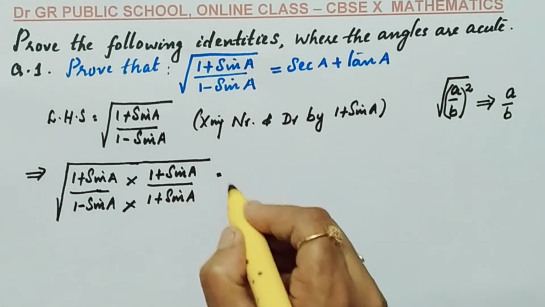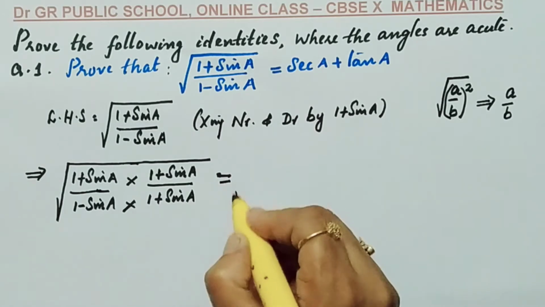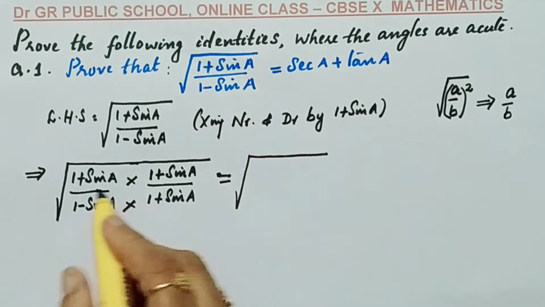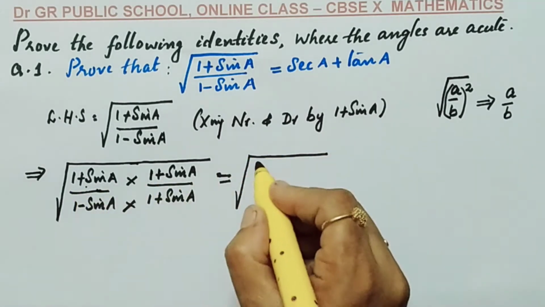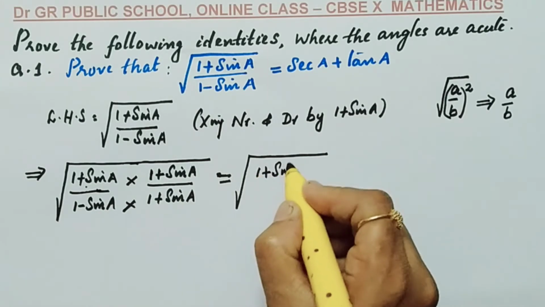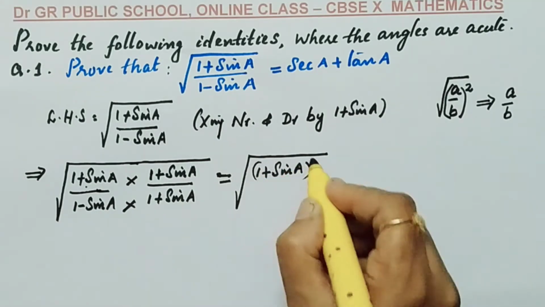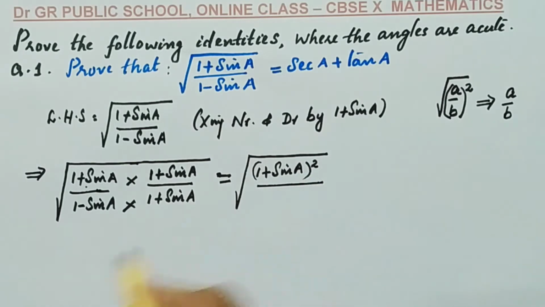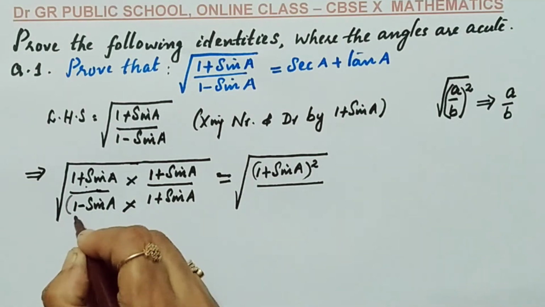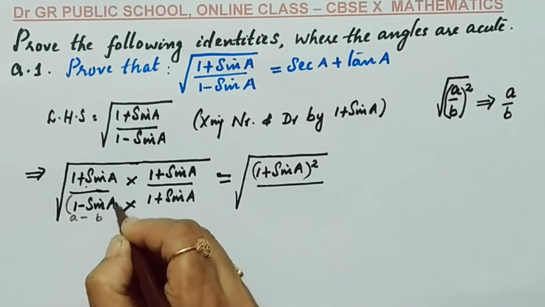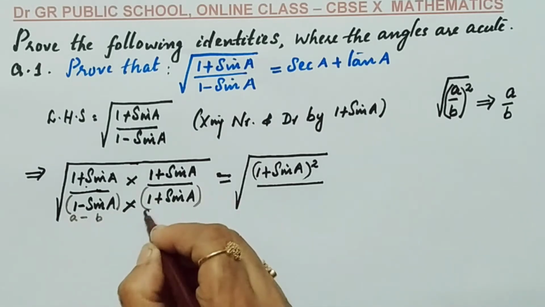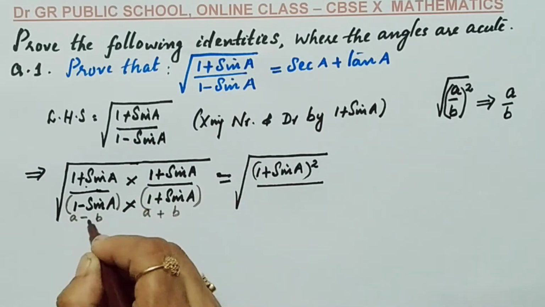Now your expression becomes equal to root of 1 plus sin A into 1 plus sin A, which becomes (1 plus sin A) the whole square, divided by the denominator, which becomes the form A minus B into A plus B. Am I right?